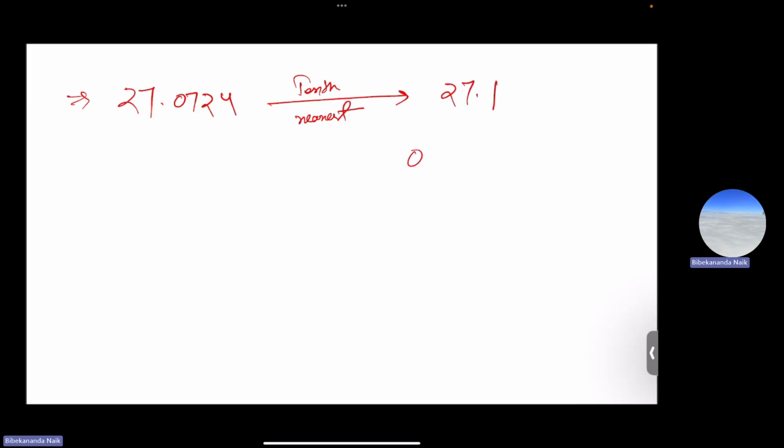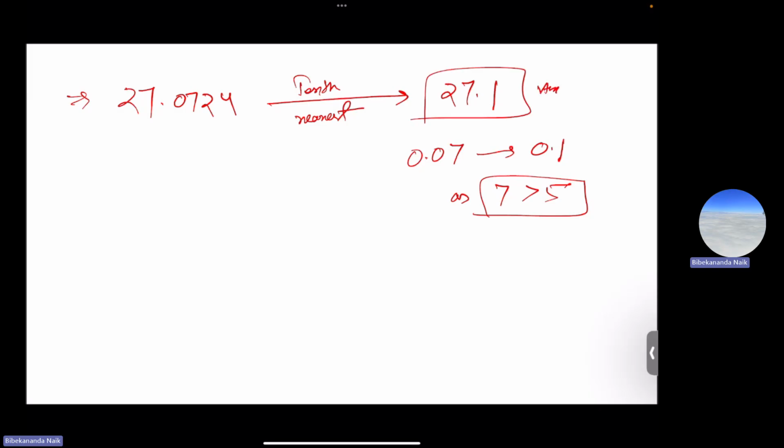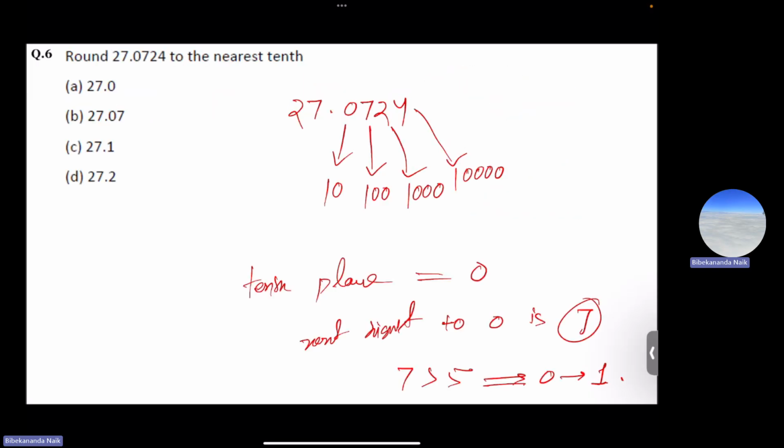So the 0.07 will be converted into 0.1 as 7 is greater than 5. So this is the answer, and the correct option is option C.